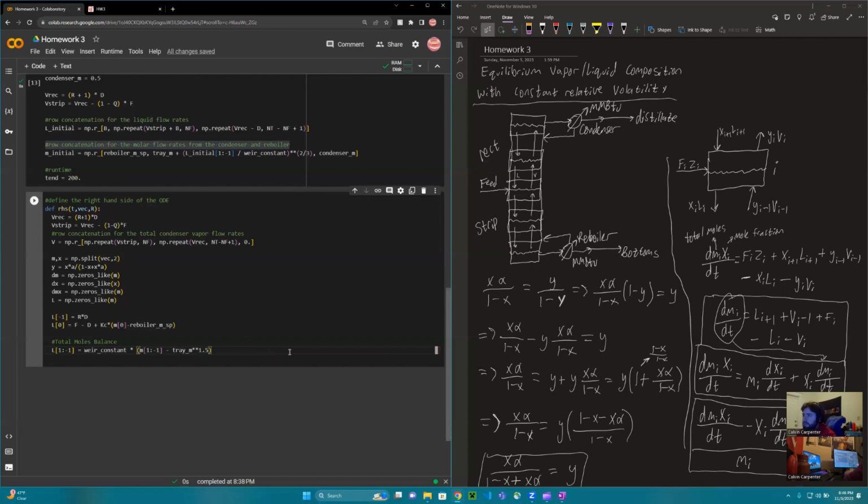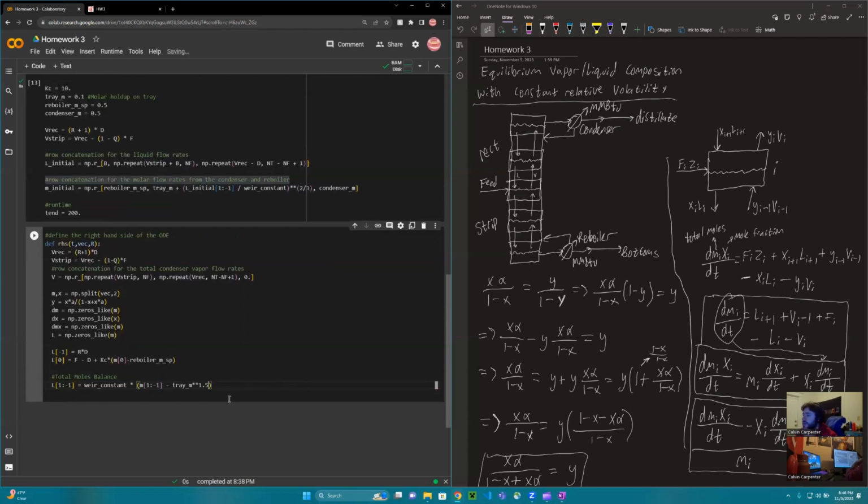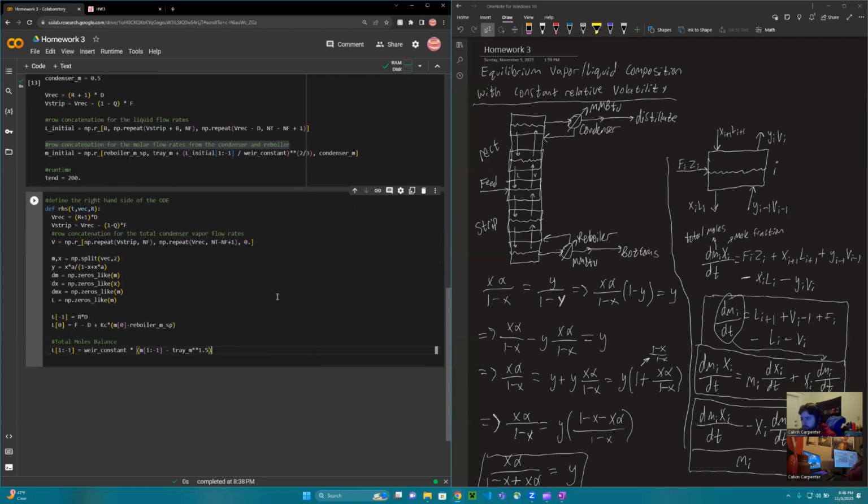Just in case I didn't make it clear before, that asterisk means you're doing an exponential, and then close parenthesis. This parenthesis is actually supposed to be right here, so that this whole value is raised to the 1.5.